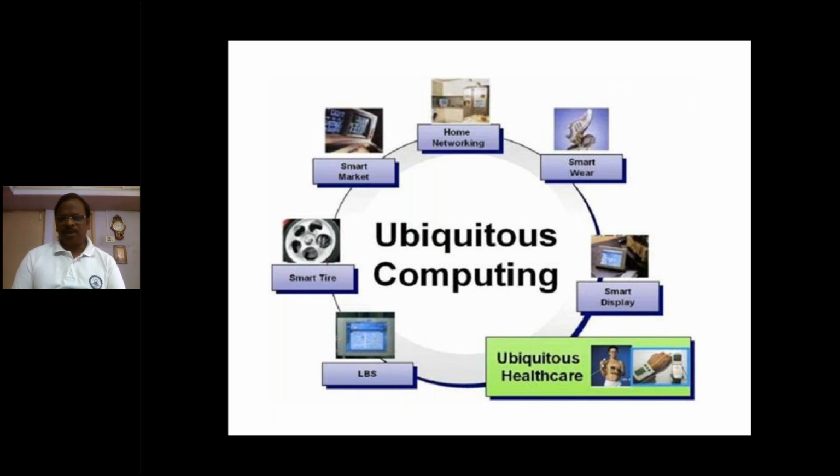Smart displays are also available, which include the BP monitoring system in the healthcare system. It is very simply and usually available. But most of the ubiquitous computing technology is used in healthcare systems nowadays.